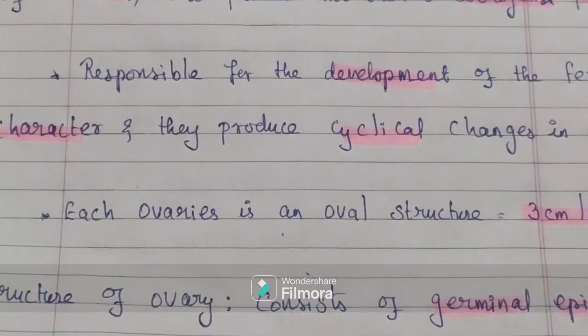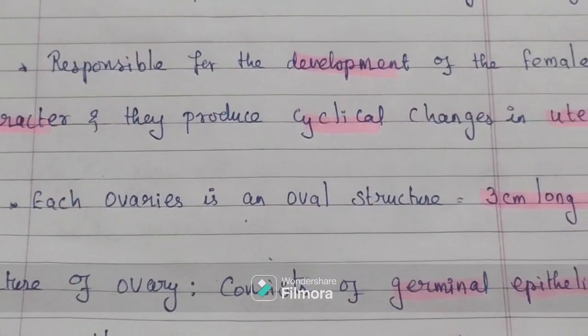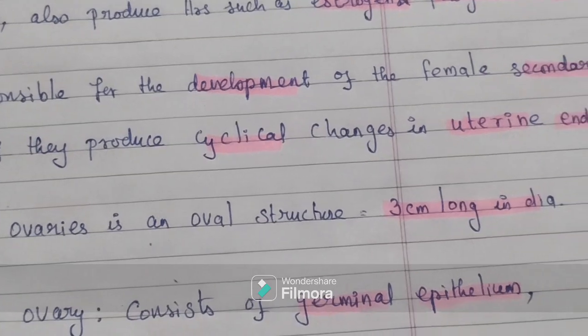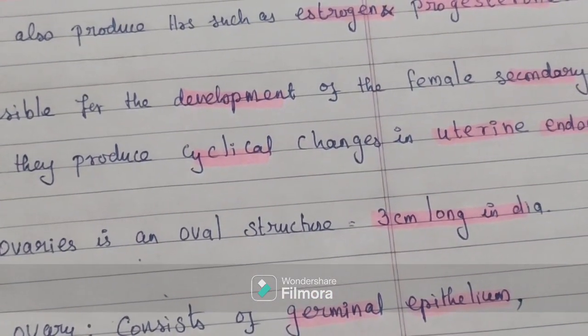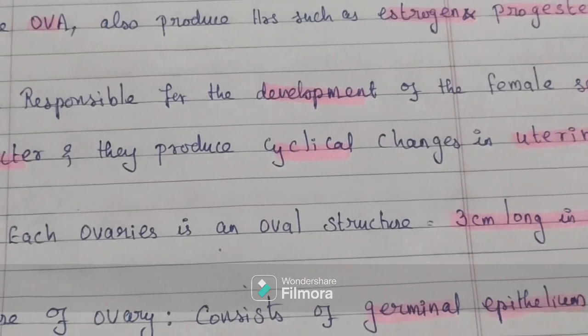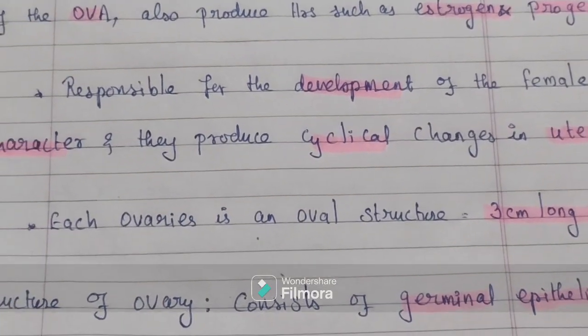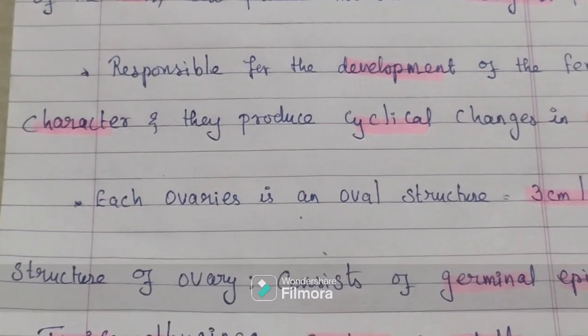Each ovary is an oval structure that is about 3 centimeters long in diameter. Let's learn about the general structure of the ovary.